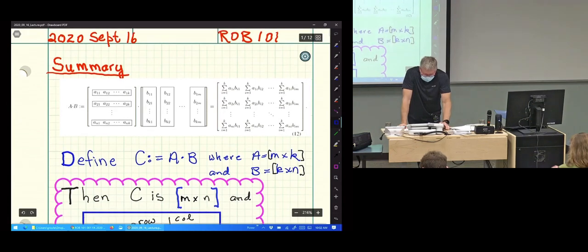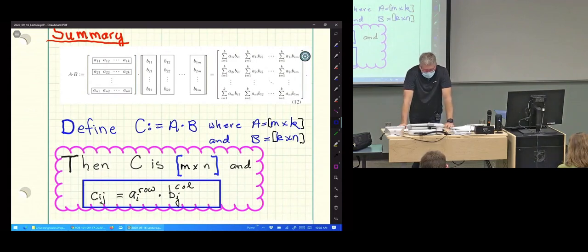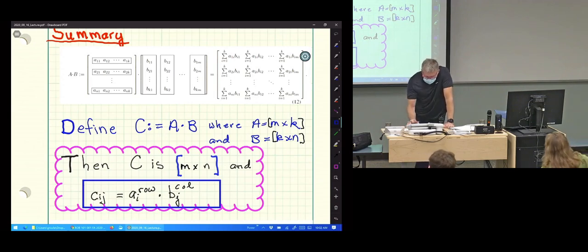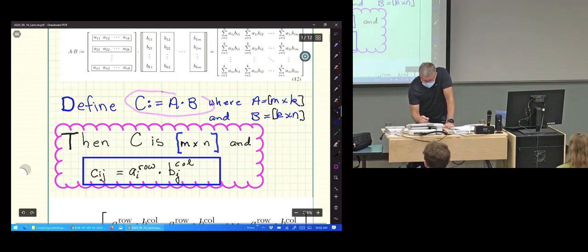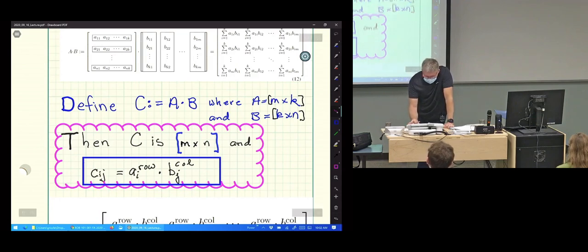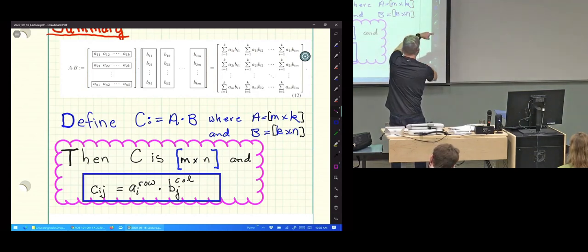So we were doing matrix multiplication. And the way we're doing it, it's all about dividing A into its rows, B into its columns, and then the way we get the ij entry of a matrix C, so if we let C be the product, we get the ij entry by the ith row of A times the jth column of B. And so you're always doing the multiplications and adding them up in your head.